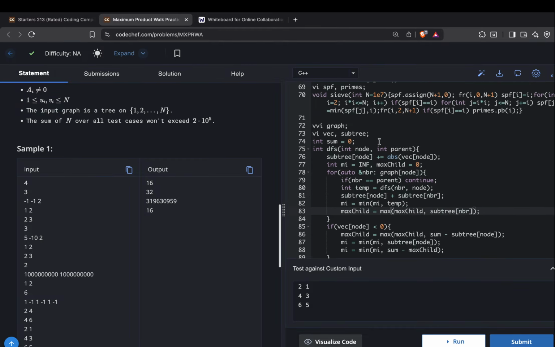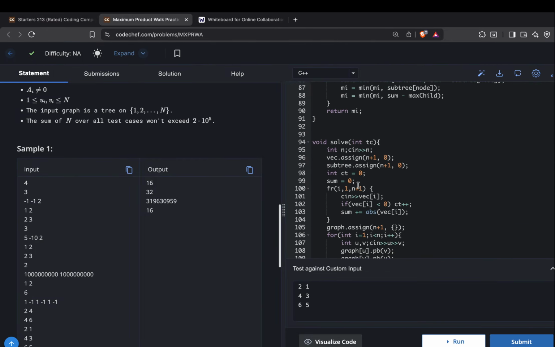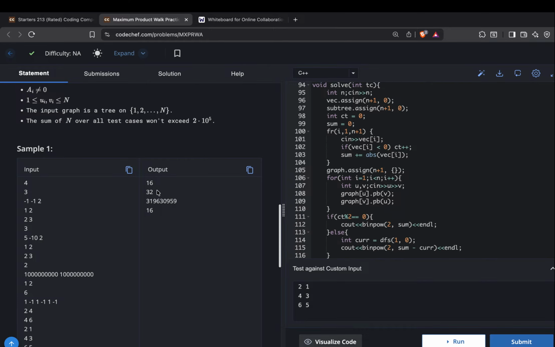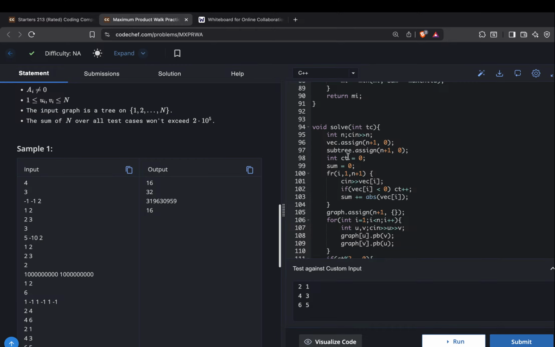Okay, maybe we are using something that we have not changed in the test cases part. Vec is changed, subtree is changed, count is alright, sum is changed.